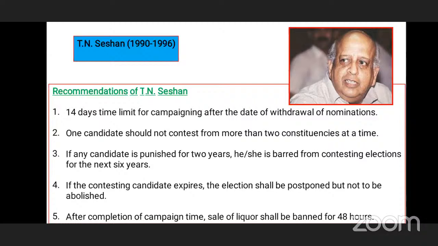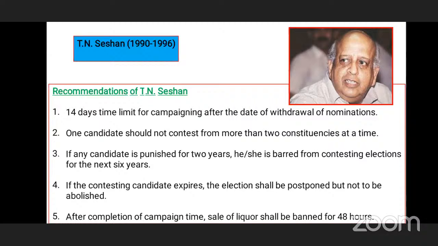Not only N.T. Rama Rao, but also Chiranjeevi, who established a new political party in 2006, Praja Rajyam Party. He also contested 2 constituencies, one is Tirupati, another one is his local constituency, maybe Mogalthur, his native village.